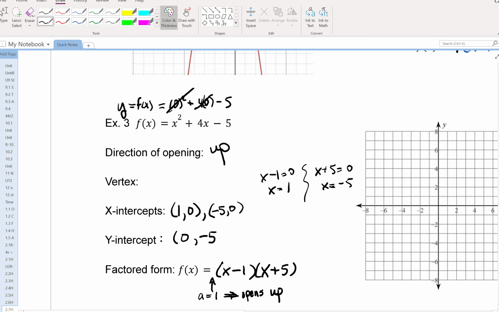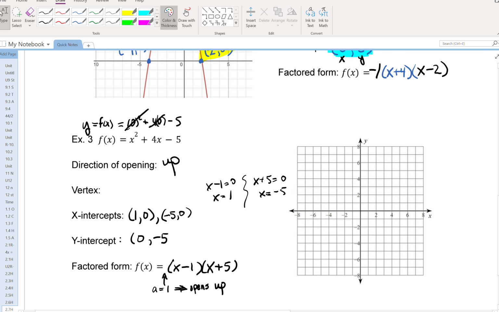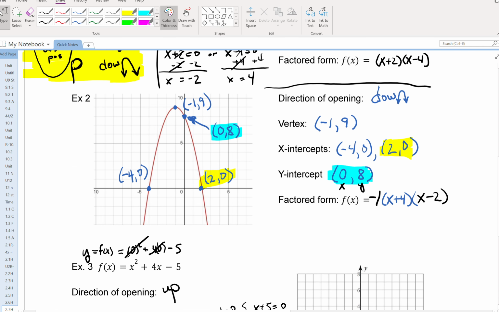And then the vertex. Now, as it turns out, the vertex, this line that I'm drawing in here, is what's called the axis of symmetry. And it's always x equals some number. In this case, it's x equals -1.